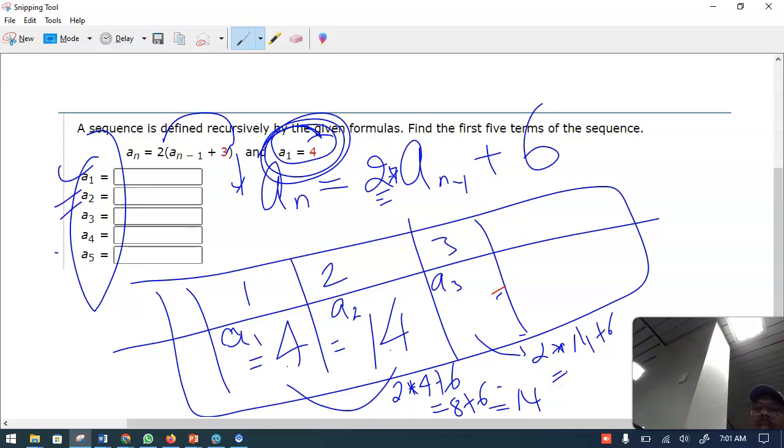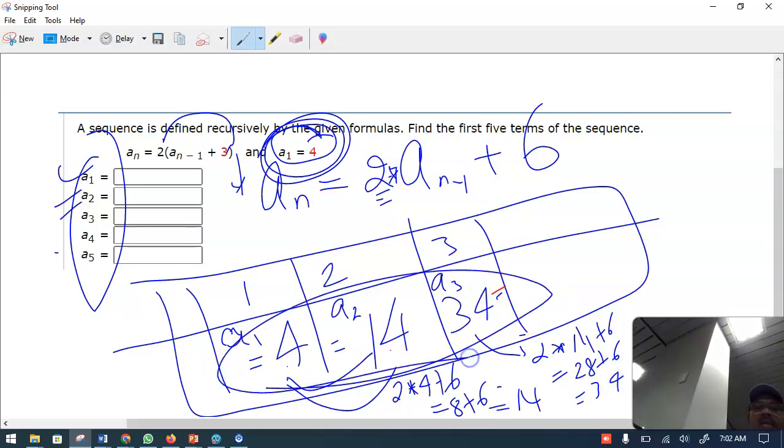You double this and then 28 plus 6, which is 34. So this is 34. You can see they are not an arithmetic sequence. It's just a sequence, but not an arithmetic sequence. So I hope you'll complete the problem that is given. So that completes problem number 4.